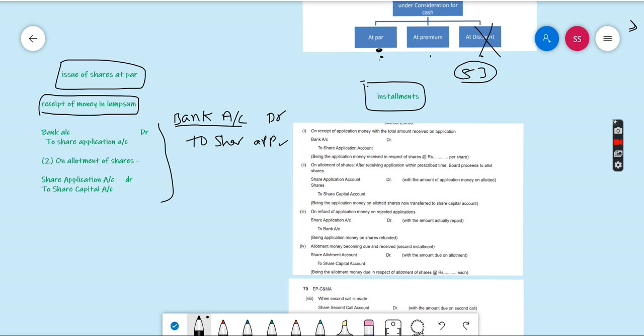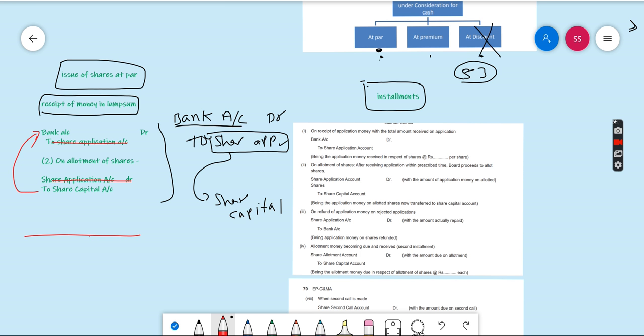After receiving the money, you need to transfer the share application money to share capital account, because our ultimate goal is to transfer the money to the share capital account only. If you observe, share application debit cancels share application credit. Now the ultimate entry is bank account debit to share capital account, right?